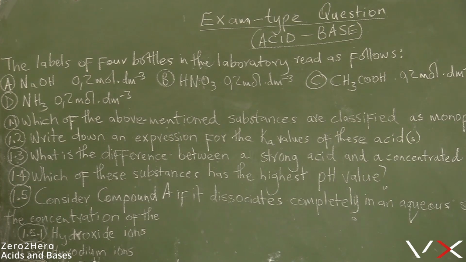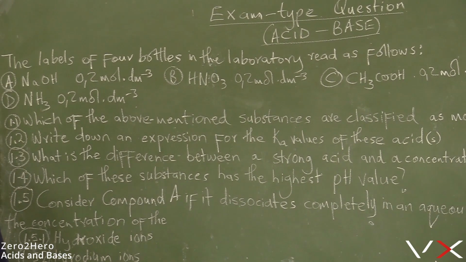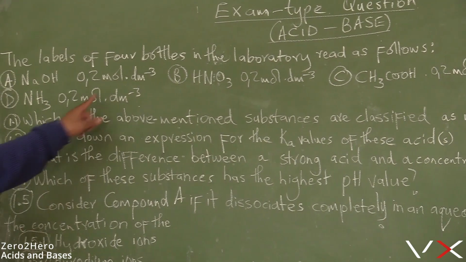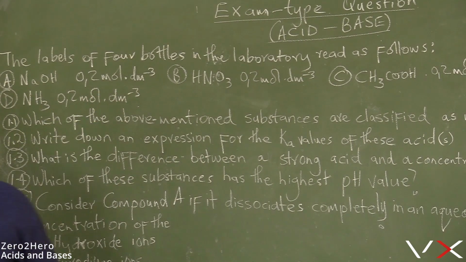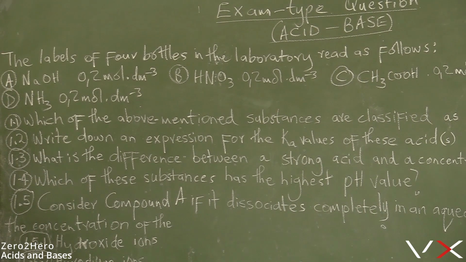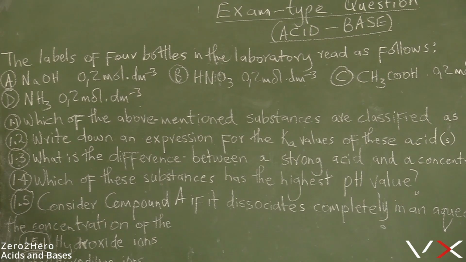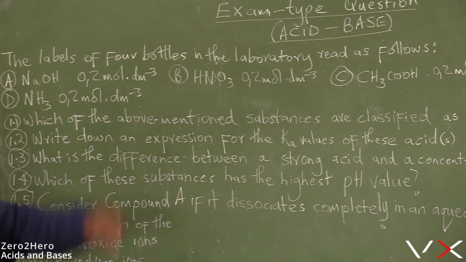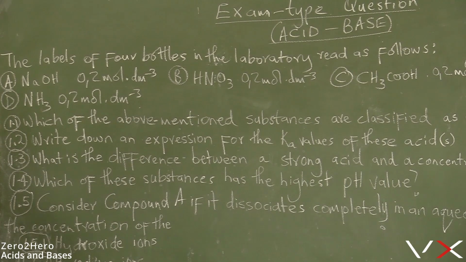Number A is sodium hydroxide, 0.2 mole per cubic decimeter. Since it is mole per cubic decimeter, it means that is the concentration of sodium hydroxide. B is nitric acid, 0.2 mole per cubic decimeter, which also tells us it's the concentration of nitric acid.